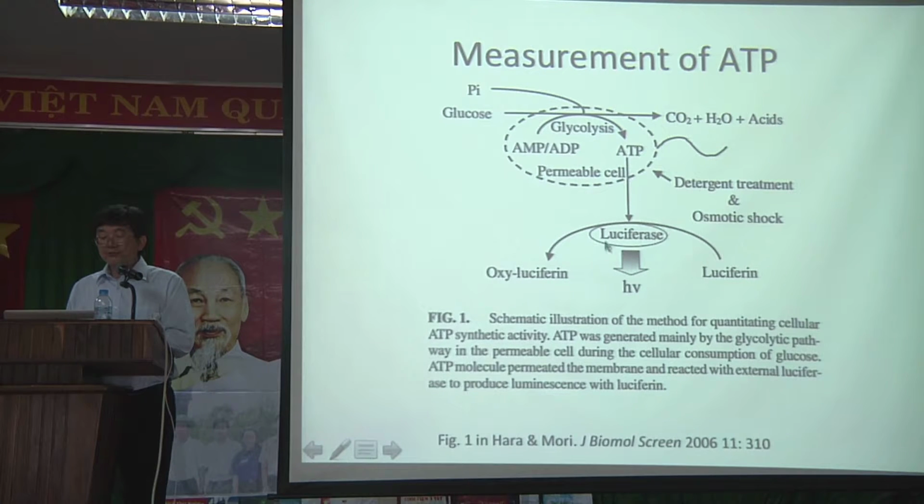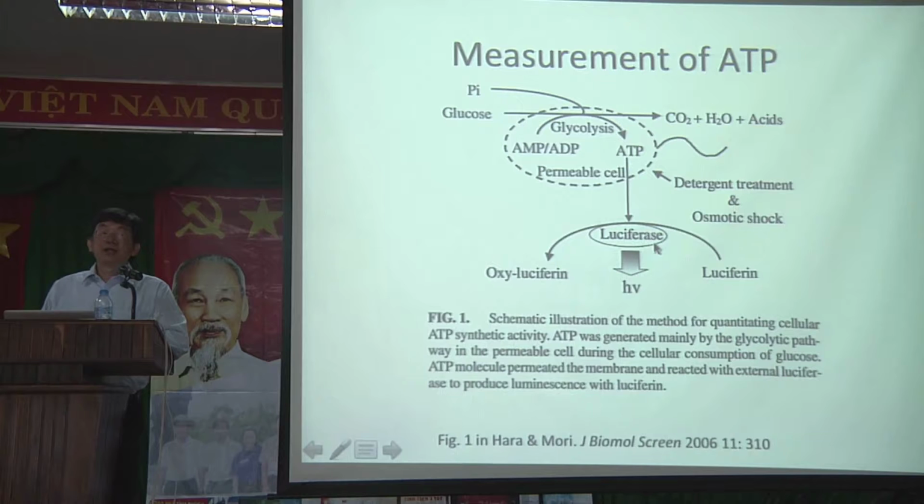The luciferase would use the ATP to catalyze the reaction to oxidize luciferin to oxyluciferin. In the process, light is emitted, and it's the measurement of the photons that quantitates the amount of ATP present.